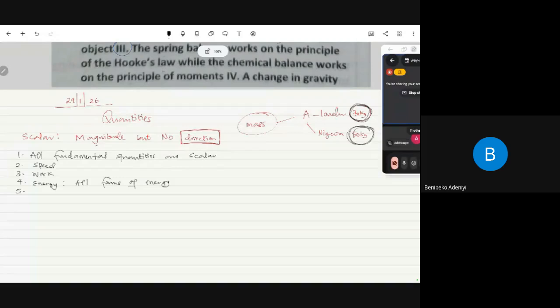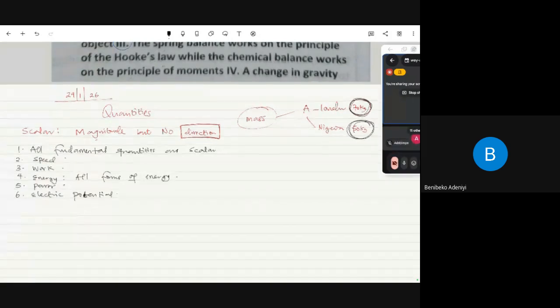Number 5, power. Number 6, electric potential. In fact, with electric potential, when you start seeing questions, you'll be happy that I already gave you the code. You need to know that as they are like this, they are scalar quantities. And some other quantities also, but at least these are scalar. Do you get it? Is this clear, guys? Good.